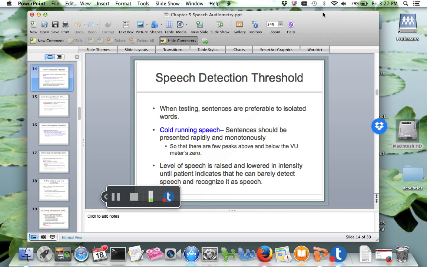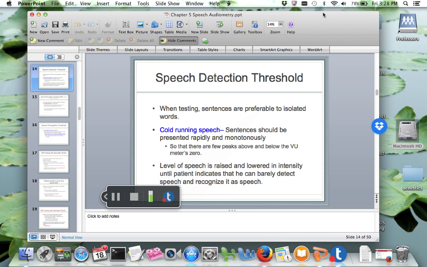Okay, so before we move on to speech recognition threshold, I want you to understand the speech detection threshold. It can also be called the speech awareness threshold or the music awareness threshold. So let's say with young infants, you could test a music awareness threshold. Well, not super young infants, let's say around 6 months and above. The audiologist would put on music, like a children's song that the child would be interested in, and would start it at a very low level, and slowly raise the dial from 0 to 5 to 10.